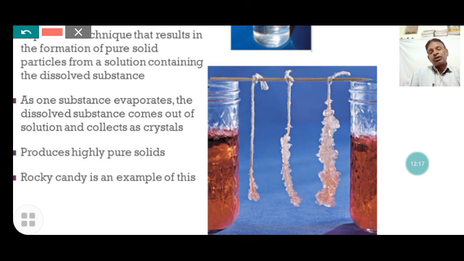Salt, sodium chloride, is also separated through crystallization. Sugar candy is also obtained by crystallization. Some salts like copper sulfate are also separated out through crystallization. The substance obtained after cooling, which separates out as crystals, is in a very pure form.